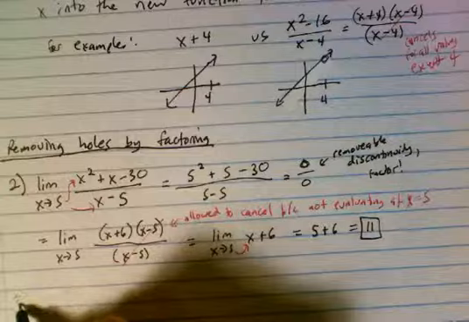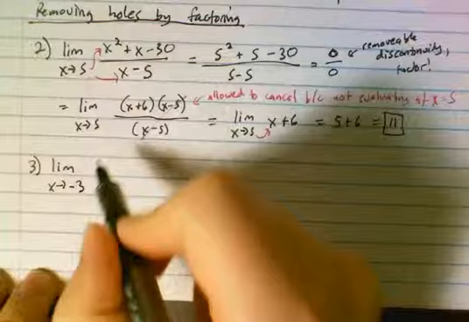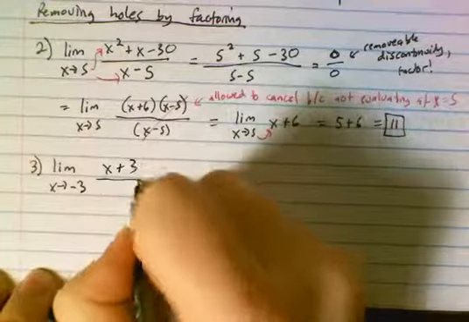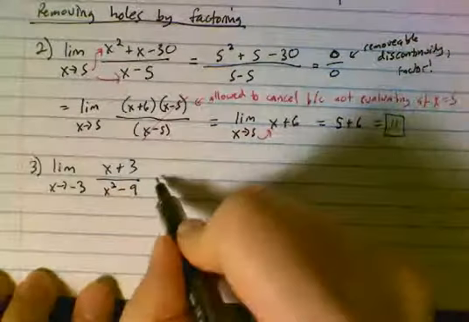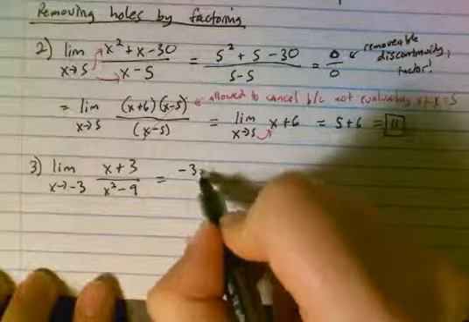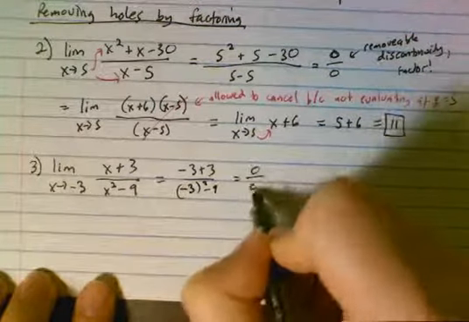Let's do a few more examples like that. Again, always check that you need to. So negative 3 plus 3, negative 3 squared minus 9, that is indeed 0 over 0.